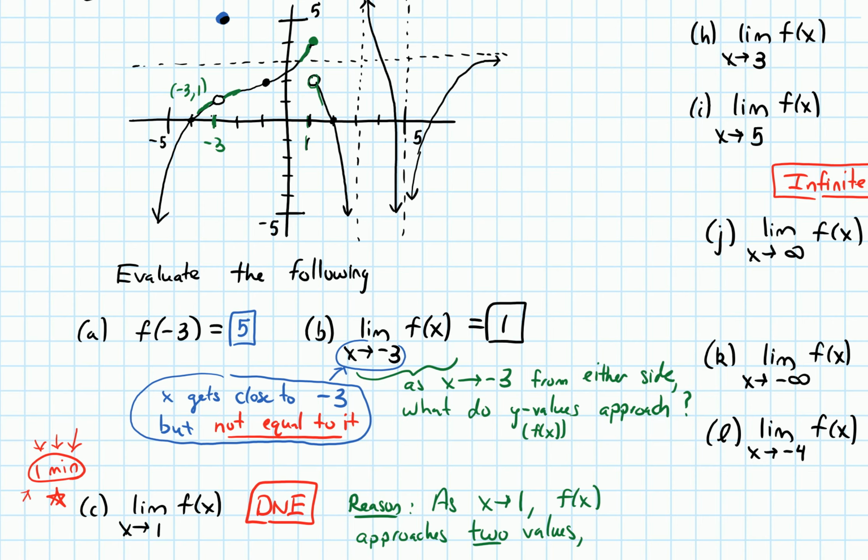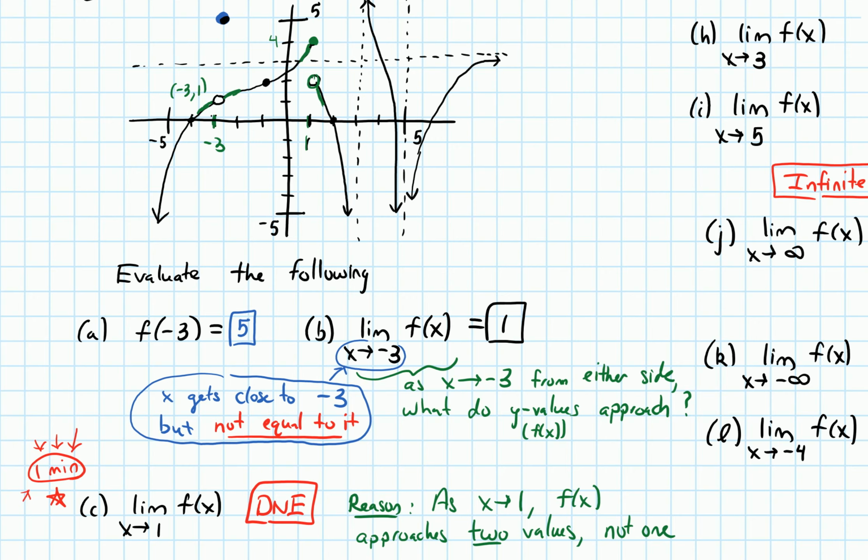Oh, sorry. From the left, they don't approach 5, they approach 4. Sorry, I got confused looking at the 5. So from the left, the y values seem to approach 4. From the right of 1, the y values seem to get close to the y value of the hole, which is 2. So f of x is approaching 2 different numbers here, not 1. It seems to be approaching 4 and 2. But for a limit to exist, it needs to be approaching 1 finite number.